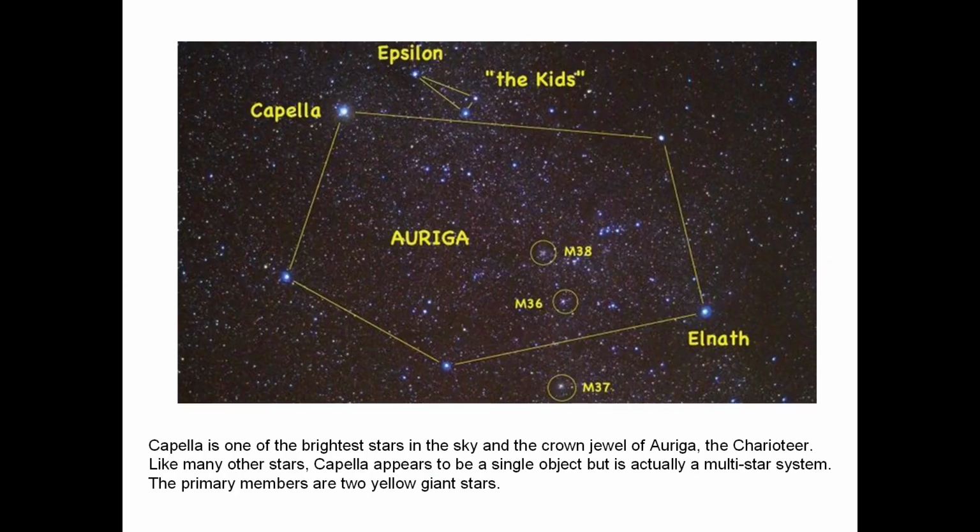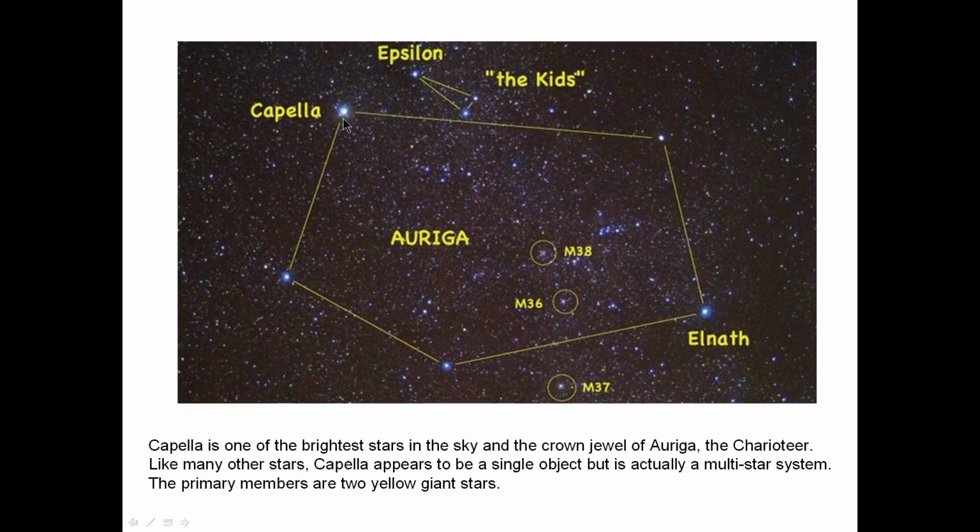list of stars. So Capella is one of the brightest stars in the sky, and it is the crown jewel of Auriga and the charioteer. And like many other stars, Capella appears to be a single object, but it's actually a multi-star system, primarily two yellow giant stars.